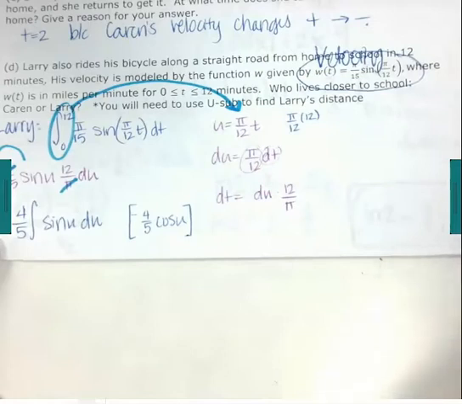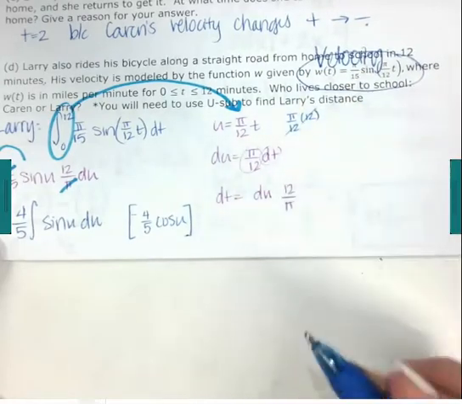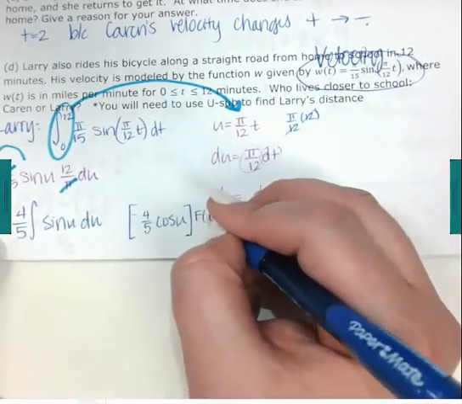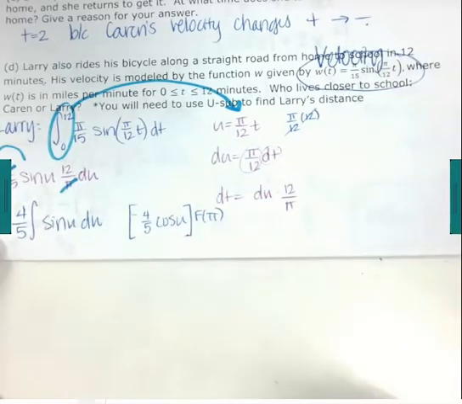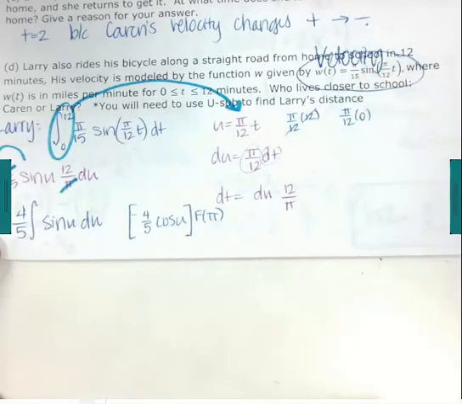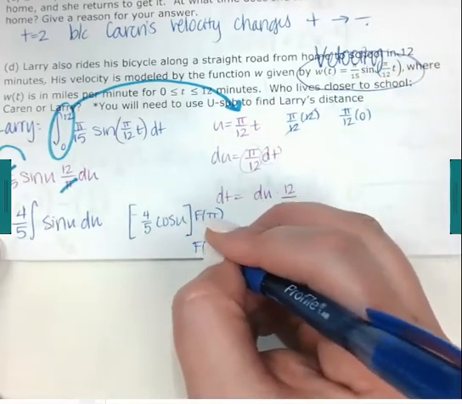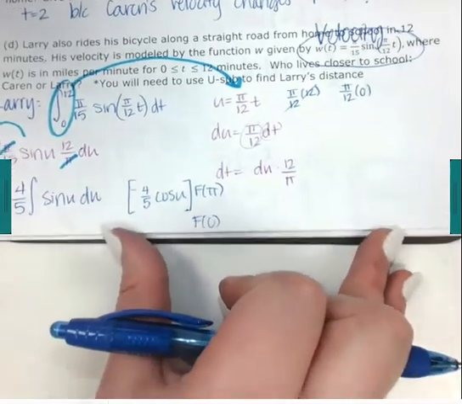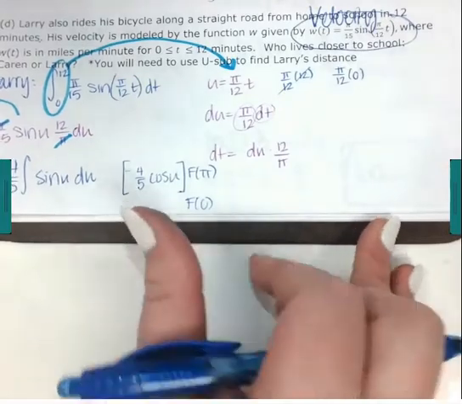What happens? Now it's just a pi. And then when I plug in 0, I have pi over 12 times 0, which is still 0. So my bottom endpoint doesn't change, but my top one does.